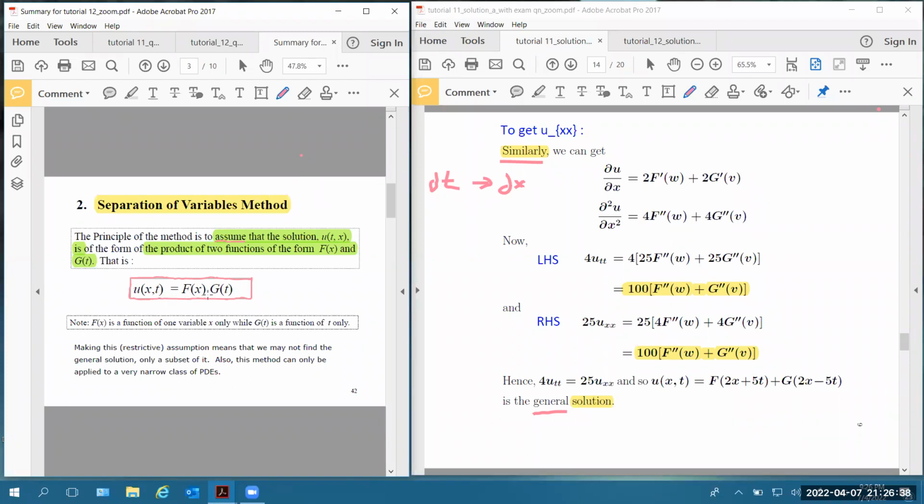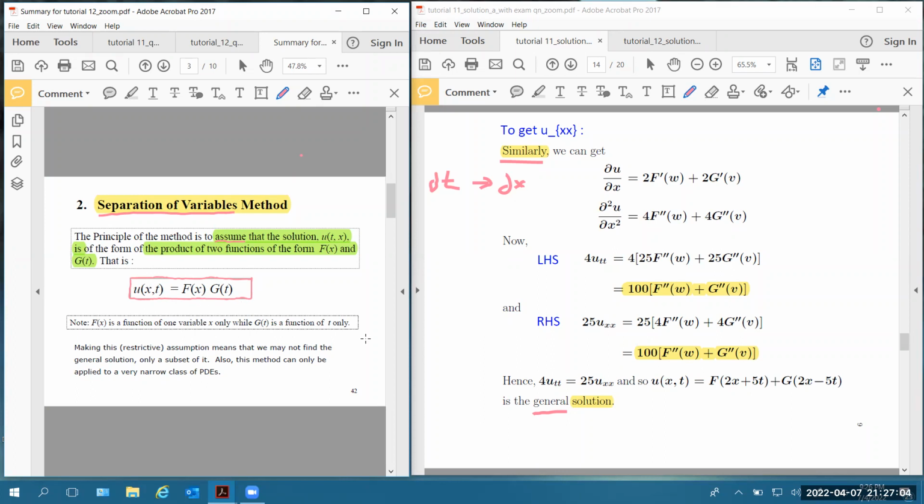So from here, you also understand why we call it separation of variables. Because here you're assuming that your solution can be separated, the variables can be separated, into a function of x and a function of t. Okay, so it's separable, right?